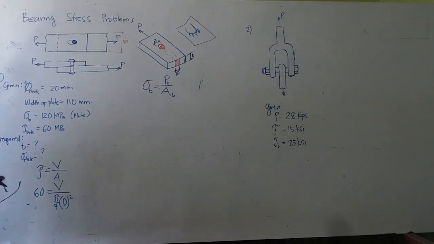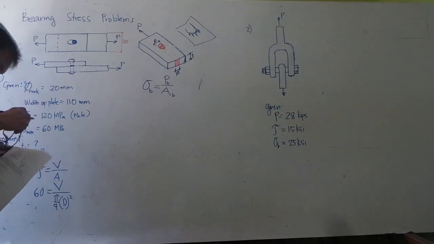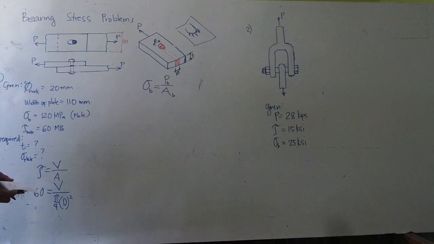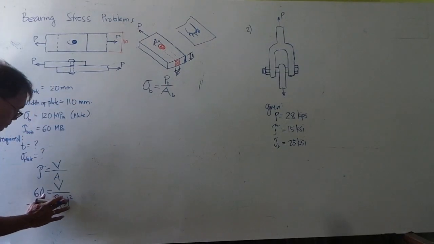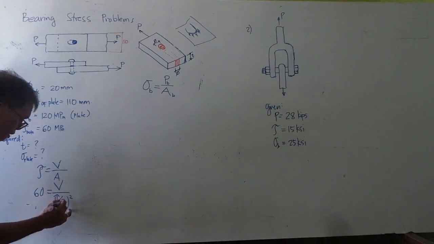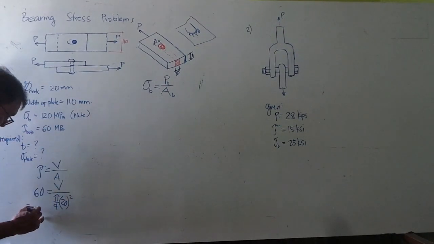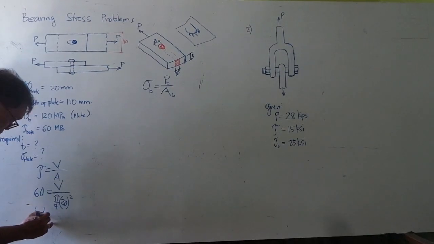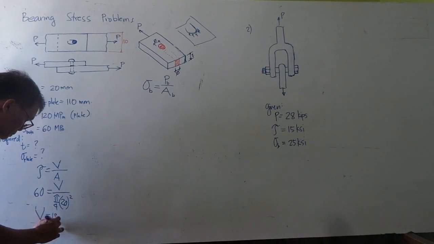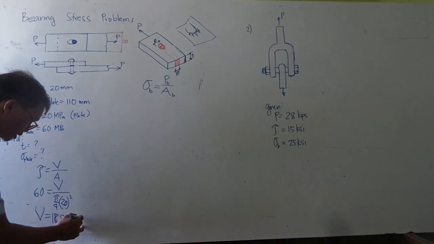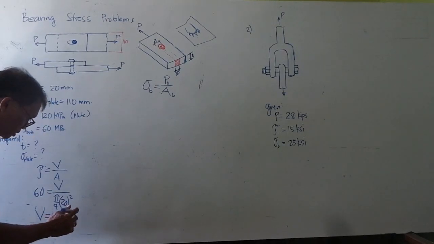The given diameter of the bolt is 20. Solving, P is equivalent to 18,850 Newton.